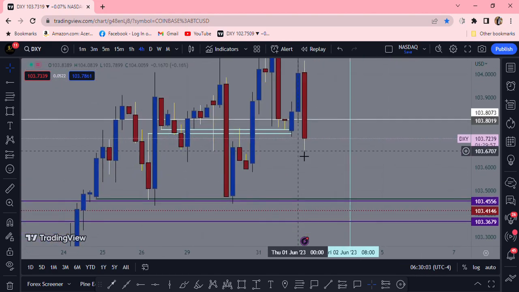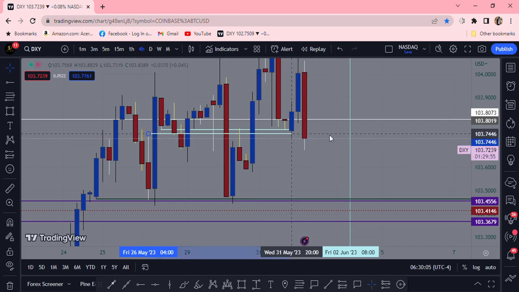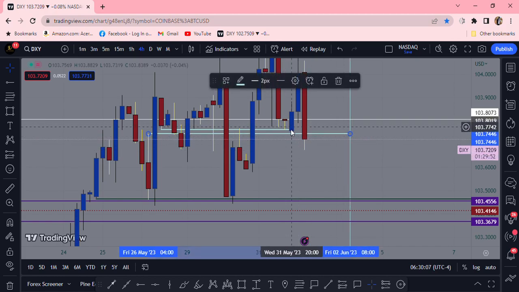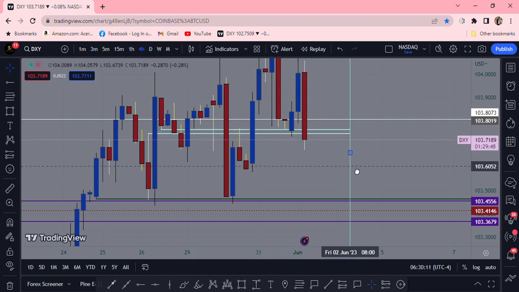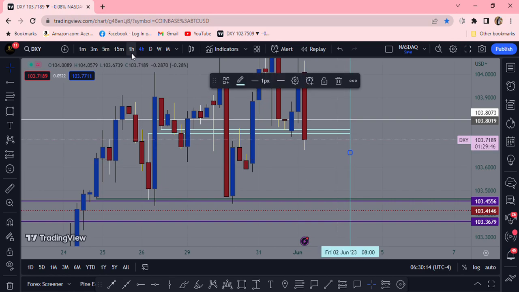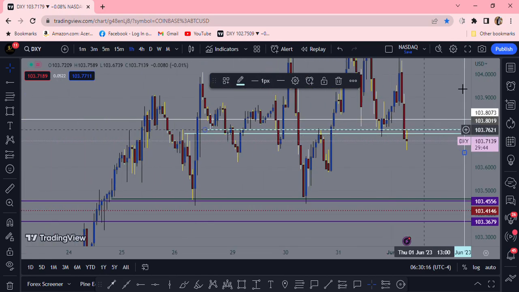And this dollar is behaving badly. As you can see, I drew out my line for 8 o'clock. I'm already prepared for NFP. So what did I say?